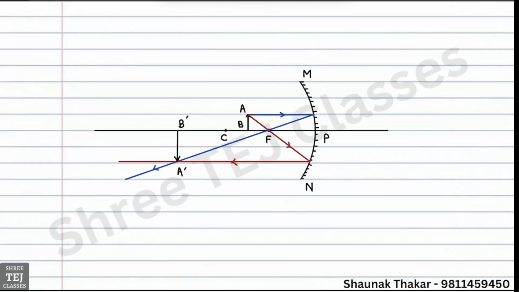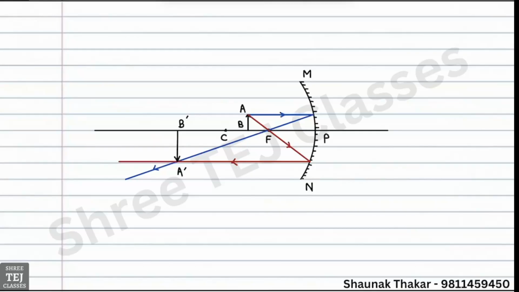We can see that image is formed in front of the mirror. Images formed in front of the mirror are real, and we can clearly see that it is upside down. So, real image and inverted. Always remember, real images are inverted and virtual images are erect. So, we have real inverted image.